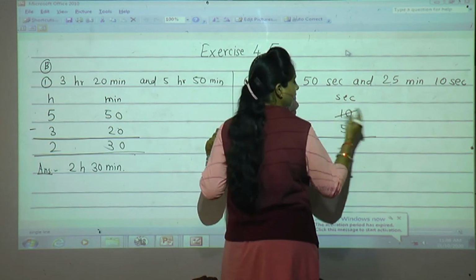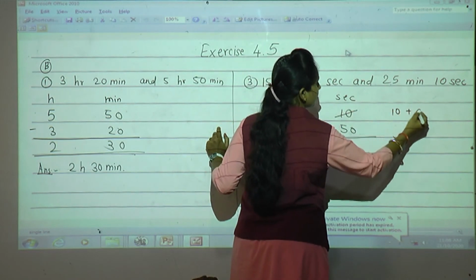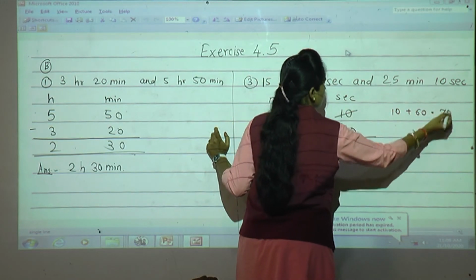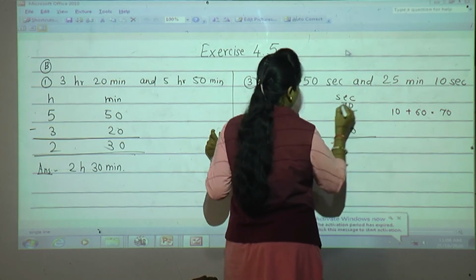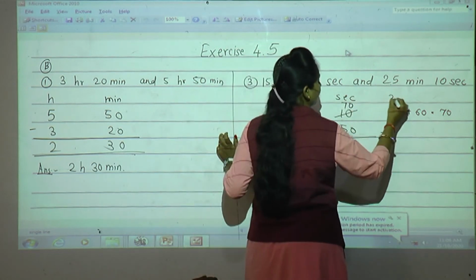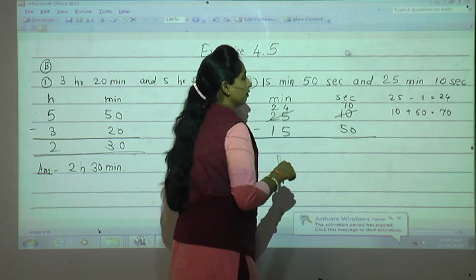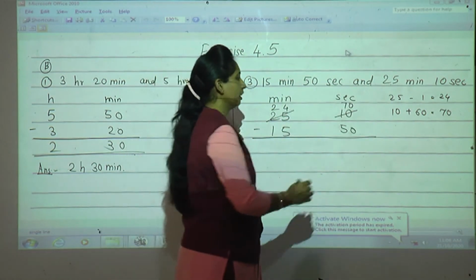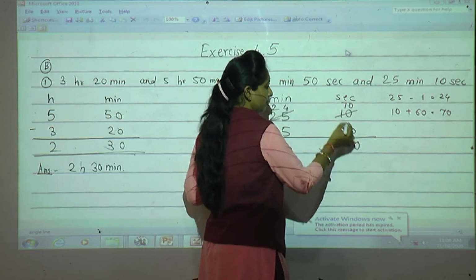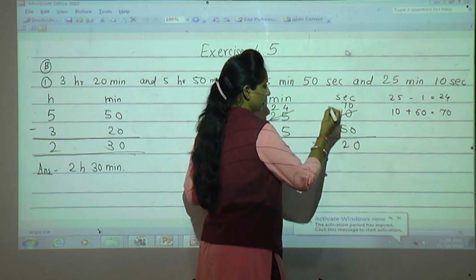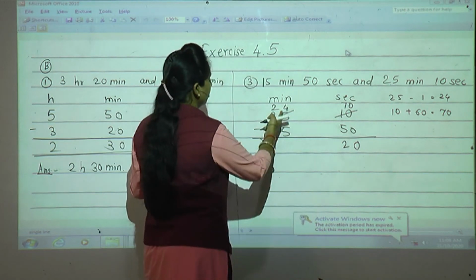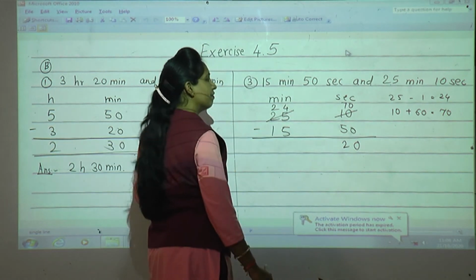So 10 plus 60 becomes 70, isn't it? And 25 minus 1 means 24. Now we have 70 minus 50. Yes, we can do it: 0 minus 0 is 0, 7 minus 5 is 2. Now here, 24 minus 15.